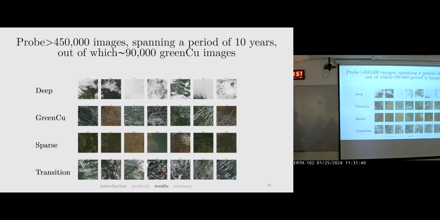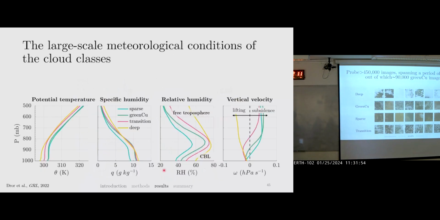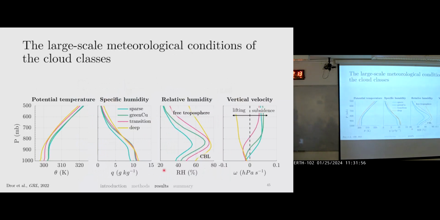And the first thing we did after we finished this task was very similar to what we did with the MODIS dataset: we attributed ERA5 properties, so reanalysis properties, to each of these different snapshots of, again, 1 degree by 1 degree. And this is what I'm showing here. Going from left to right, we're looking at the atmospheric profiles of potential temperature, specific humidity, relative humidity, and the large-scale vertical velocity.